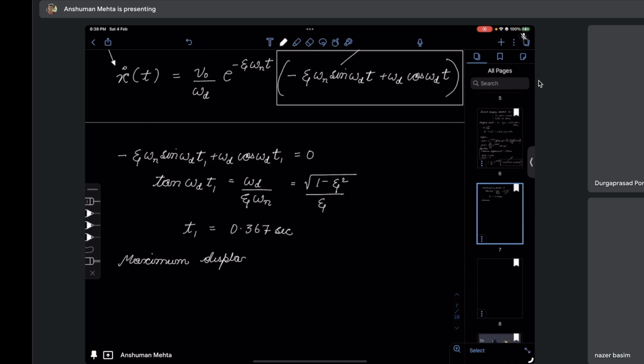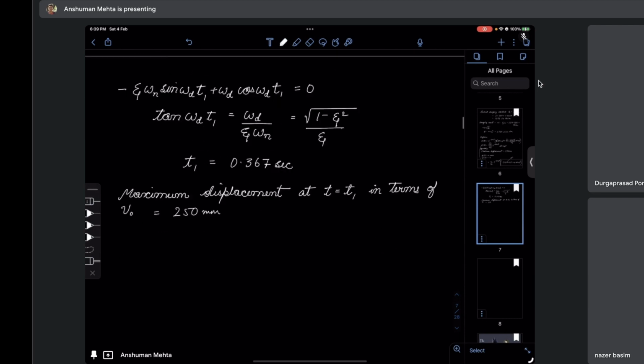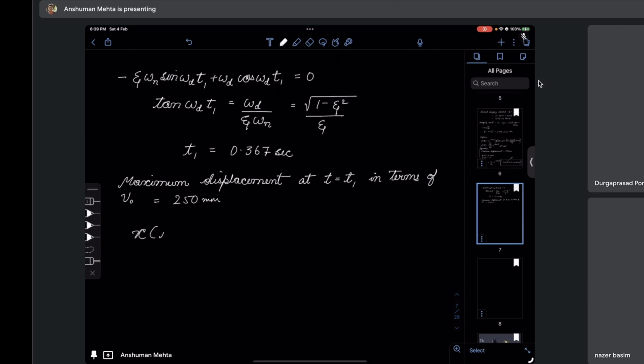So the maximum displacement at t equal to t1 in terms of v naught is equal to 250 mm. So this was given. So x of t1 is equal to 250 into 10 to the power minus 3 meter.